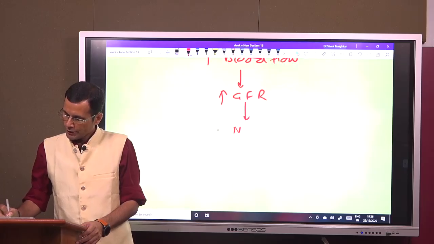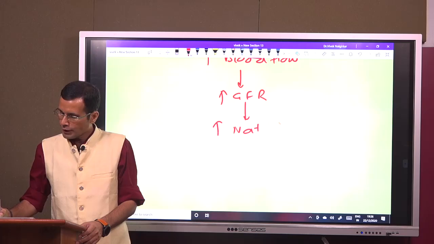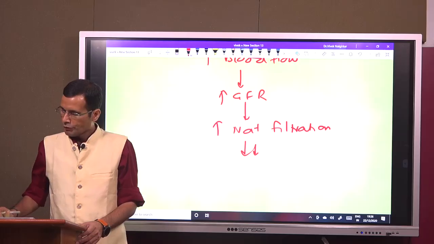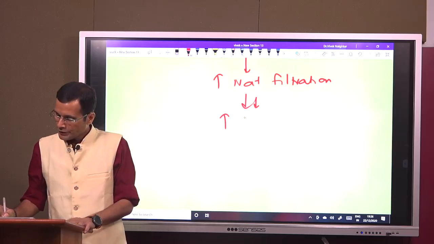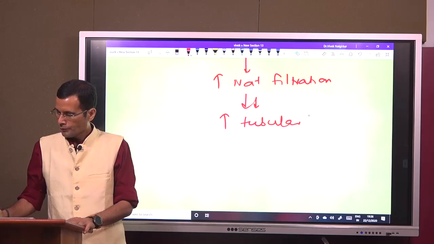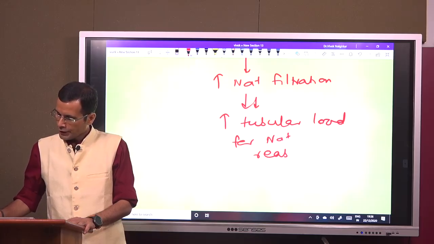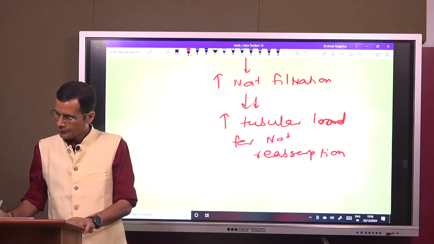Increased GFR means increased sodium filtration at the glomerulus, which means increased tubular load for sodium reabsorption.